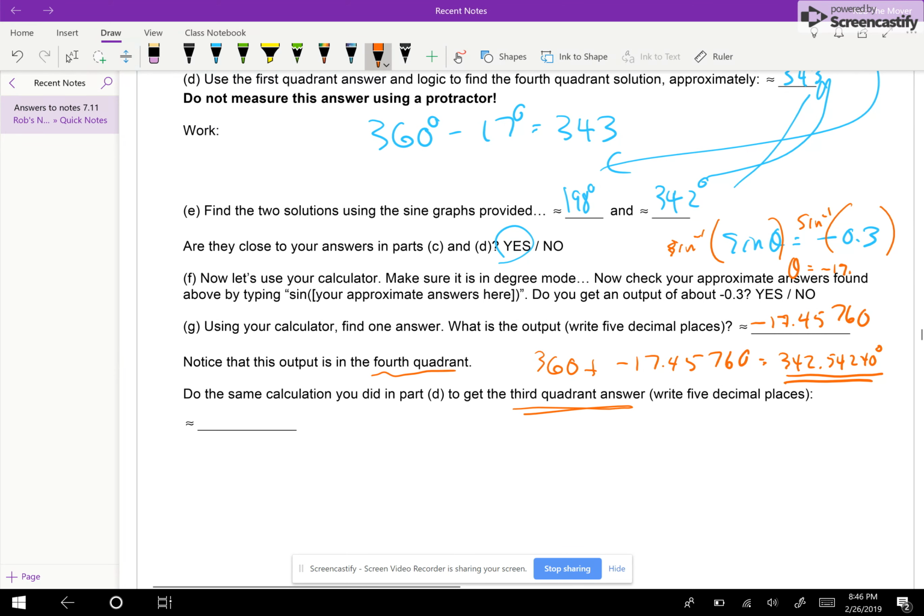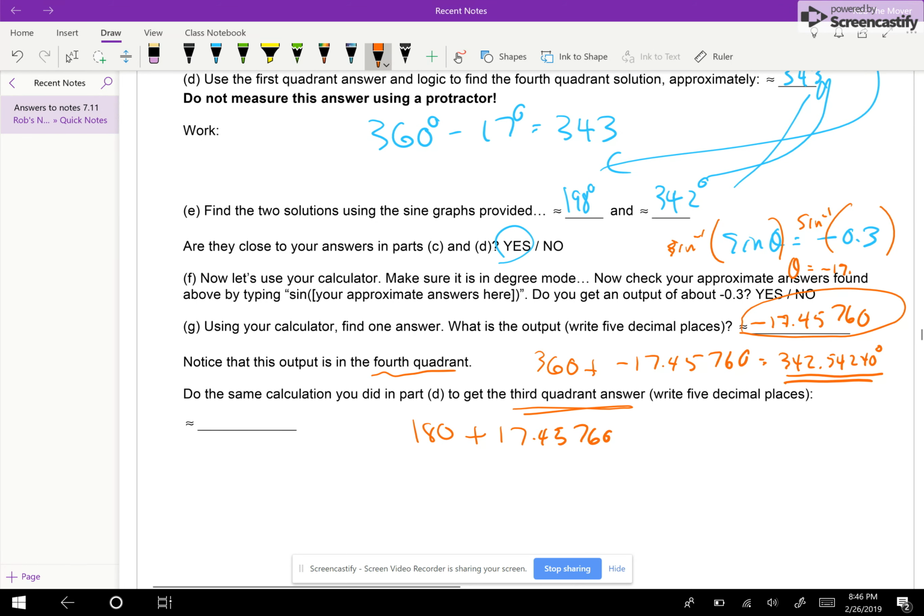But this is really like my reference angle, right? This negative 17 number. I can use that number and add it to 180 or subtract it from 180, depending on how you're looking at it. But basically, I need to add the 17.45760 to 180 to get my other answer, right?